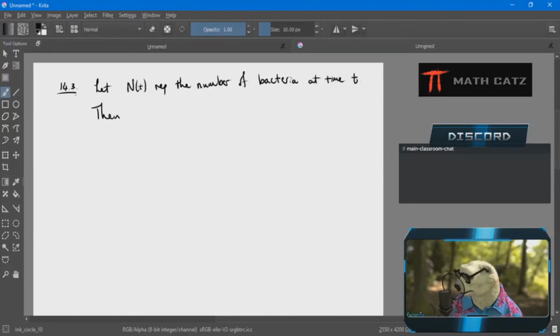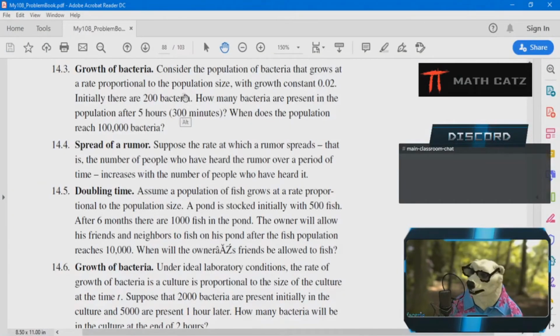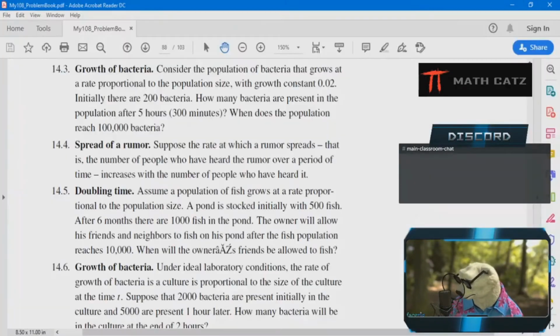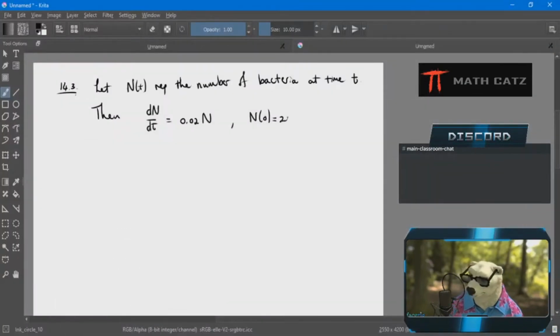Then the first part of the sentence, grows at a rate proportional to the population size with a growth constant 0.02, is translated to my differential equation as dn/dt equals 0.02 times n. And the initial population, they also tell me, is 200.